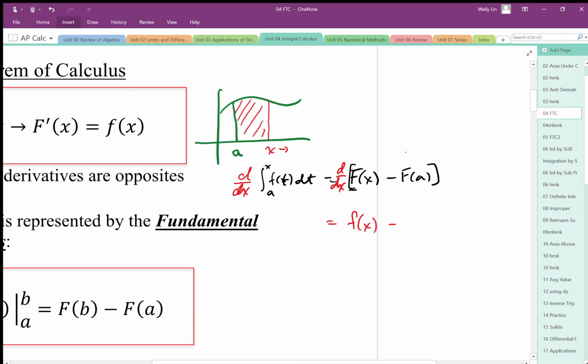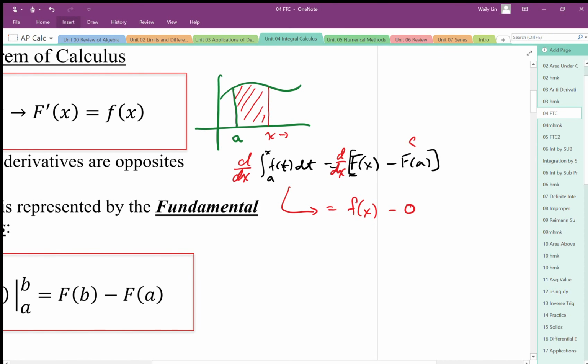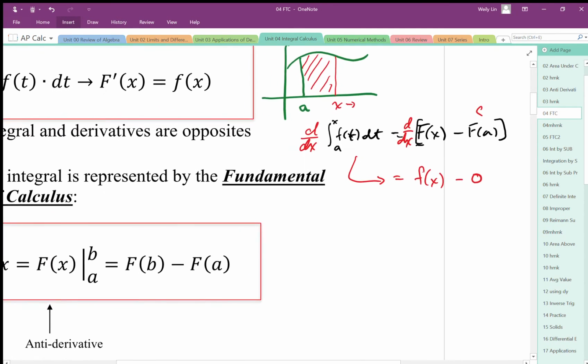Well, this happens to be a constant, so that's going to end up being 0. So there's the first part of the fundamental theorem of calculus. We can establish this using the area function, and if we do our derivatives and all that we learned, we end up back where we started, which is f of x.